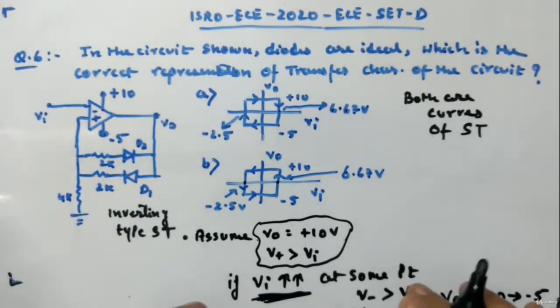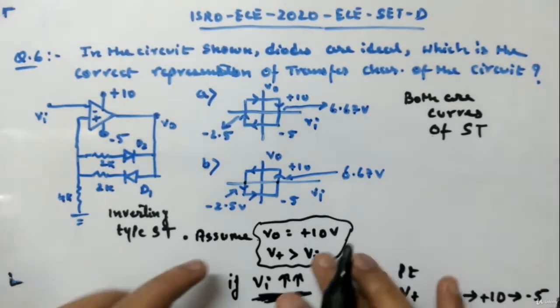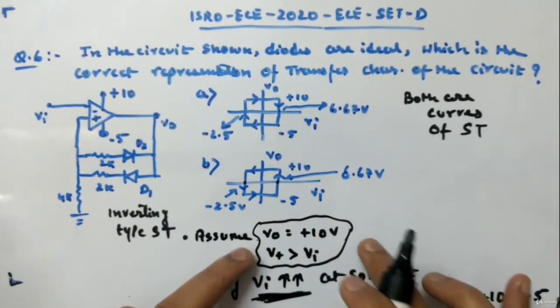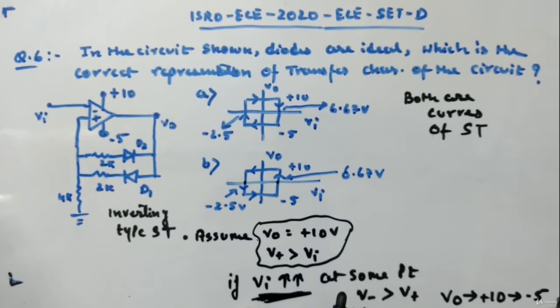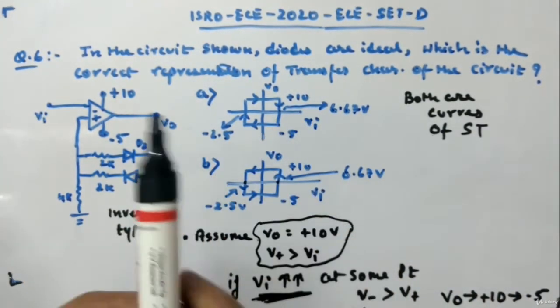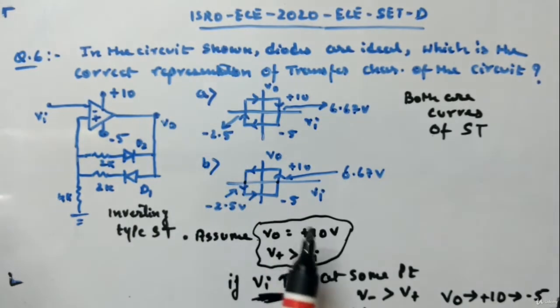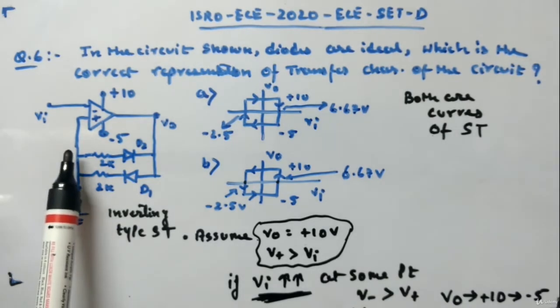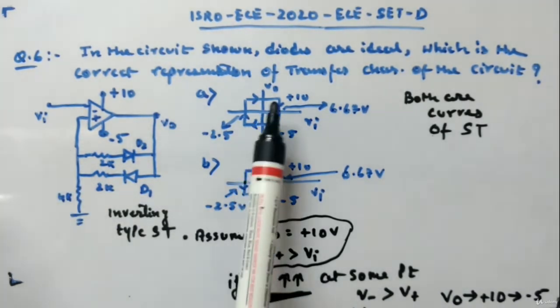Okay, so this is the logic I'll apply. I'm considering this case and I'm increasing the value of Vi, and I will check whether it will go from plus 10 to minus 5 or not. I'm assuming this case means V positive is greater than Vi, so plus 10.